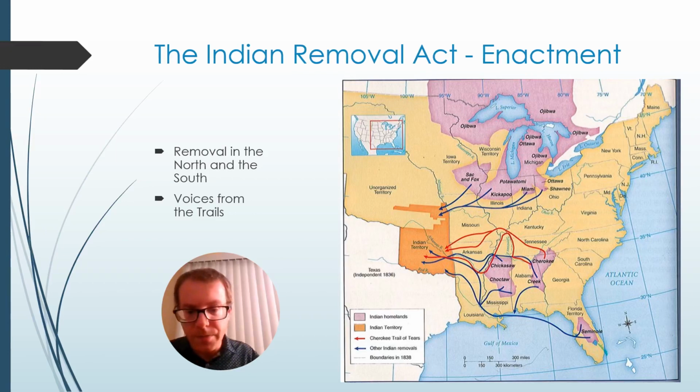So, to give a quick example, the Indian Removal Act gets enforced on the Shawnee, who are forced to remove from their territories outside of modern-day Toledo, and a group of 800 are sent to Kansas. So they follow that blue line all the way to Kansas. This is a journey of hundreds and hundreds of miles across very difficult terrain.